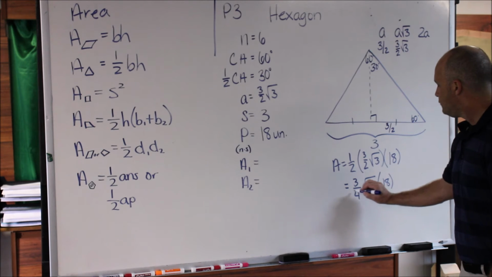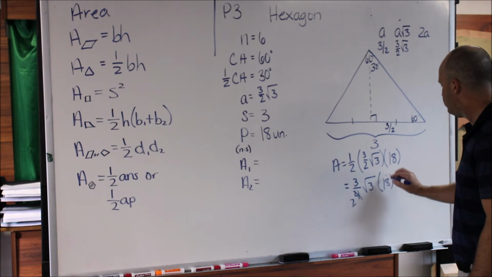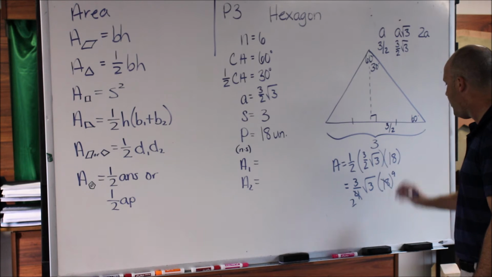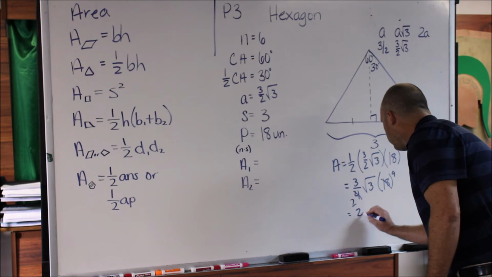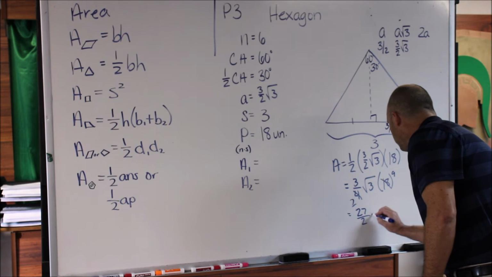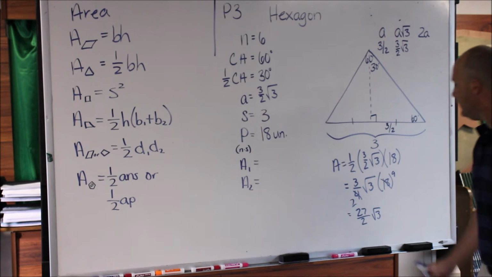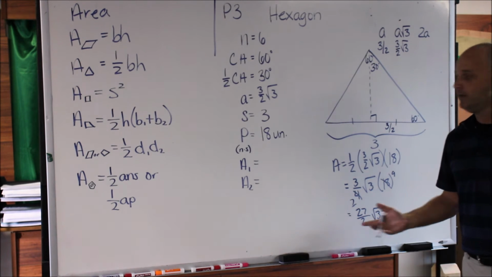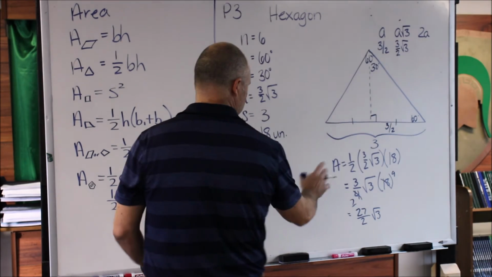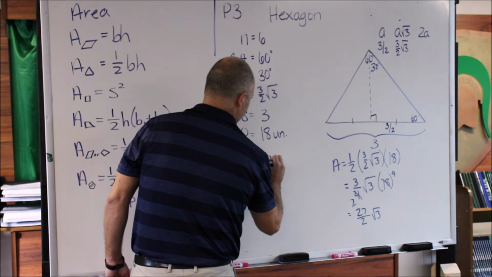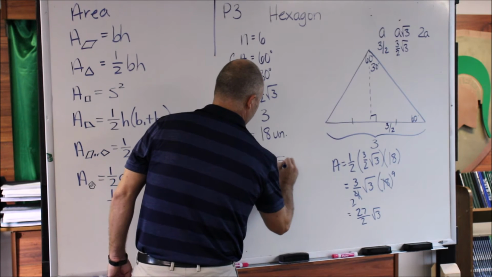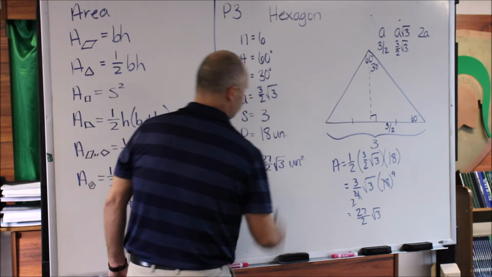There is. 2 goes into 4 twice, and 2 goes into 18 9 times. So 3 times 9 is 27. So we get 27/2 square root of 3. That is going to be our area in terms of our radical. So 27 over 2 square root of 3 units squared.